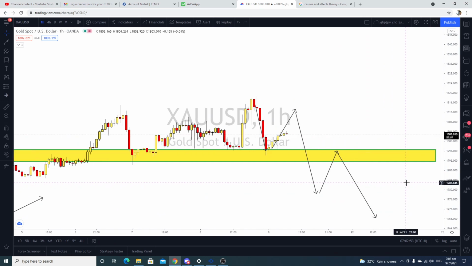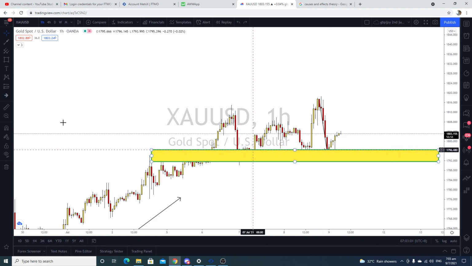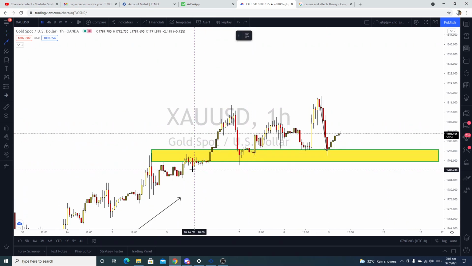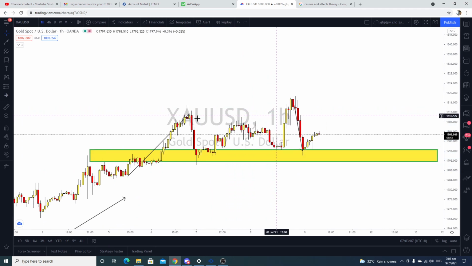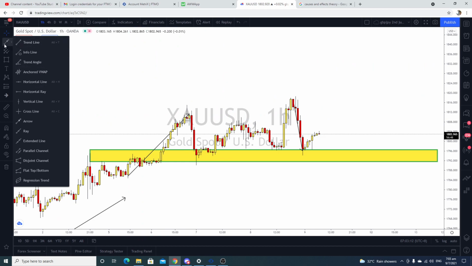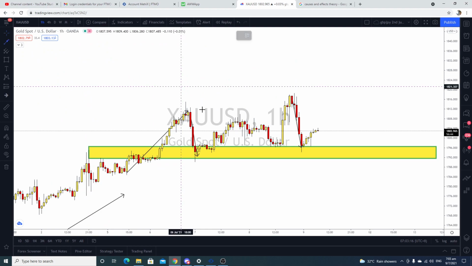But now, before you think about this possibility, look at the general trend. How to see that? Simple. Trending move. The trending move is still upside, it's not downside. If you see this as a trending move, why does the market push very hard here?